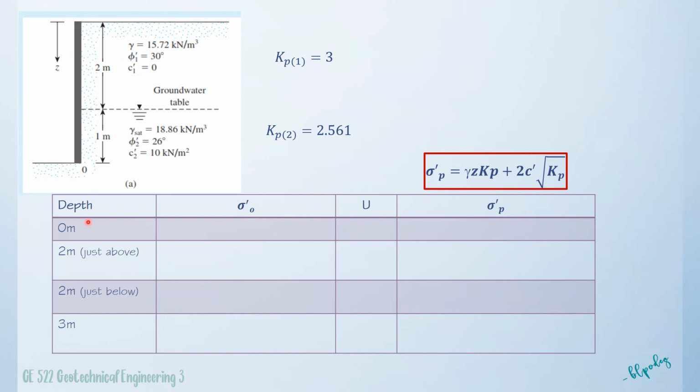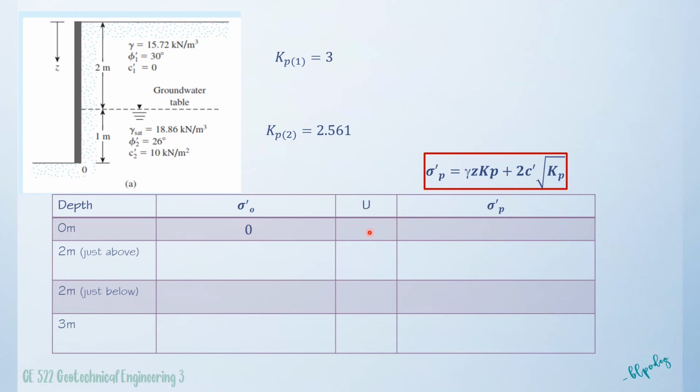First is at z equal to 0. At z equal to 0, obviously there is no load. So our vertical stress is 0. But if there is a surcharge load on top, then you consider the surcharge load in solving for the vertical stress. But since there is no surcharge load in this particular example, the vertical stress at z equal to 0 is simply 0.